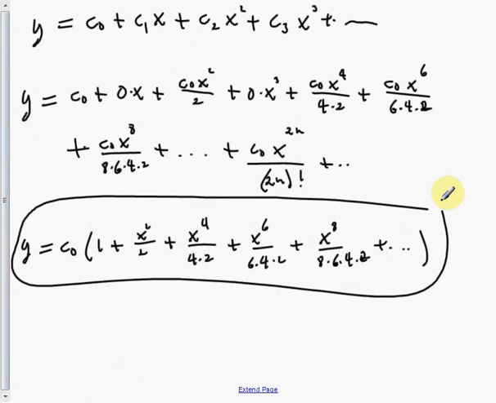You know the back of the book and how they do their answers, they try to make them look so sophisticated. If you just write the terms like I did right here, for my terms downstairs, you get the 2 and then the 4 times 2 and the 6 times 4 times 2 and so on.